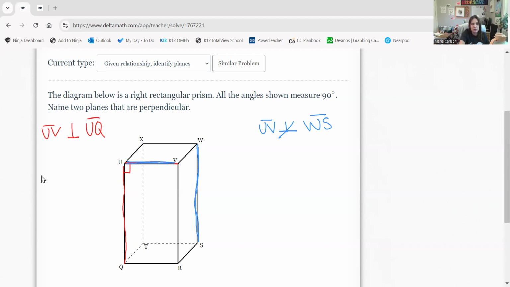Those are not perpendicular because those are not in the same plane. So they're not even intersecting, right? How can they be intersecting to form a 90-degree angle? So these are what we call skew lines or skew segments in this case.